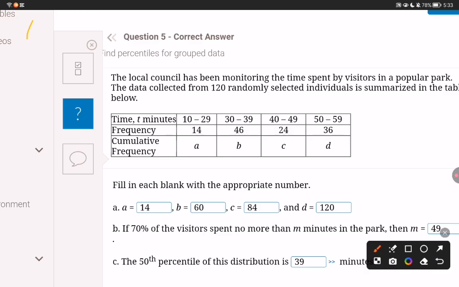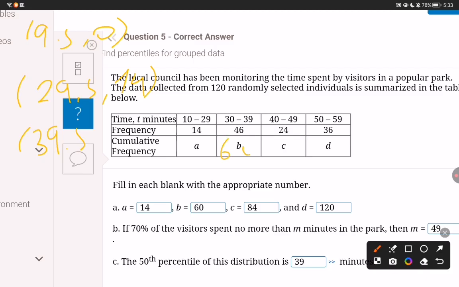So here's how it's going to look like. 9.5, 0. And then 29.5, 14. Then 39.5. You take the cumulative frequency. You don't take the frequency on a cumulative frequency graph. That doesn't make sense.